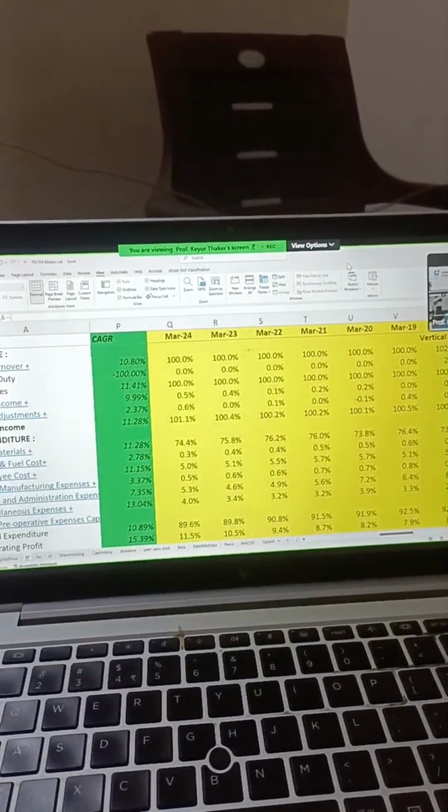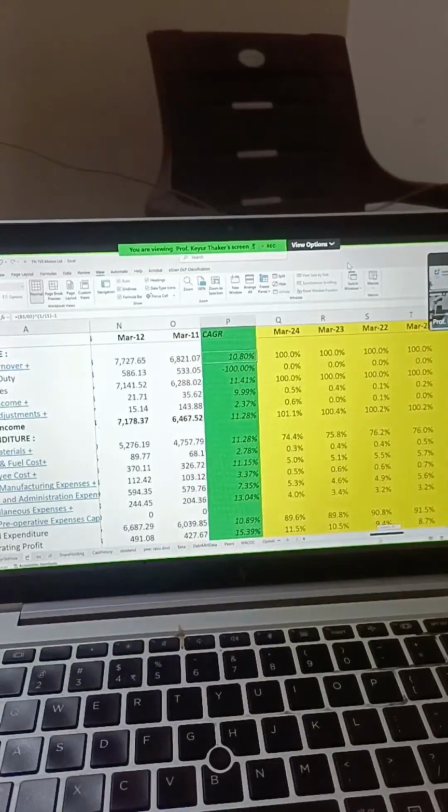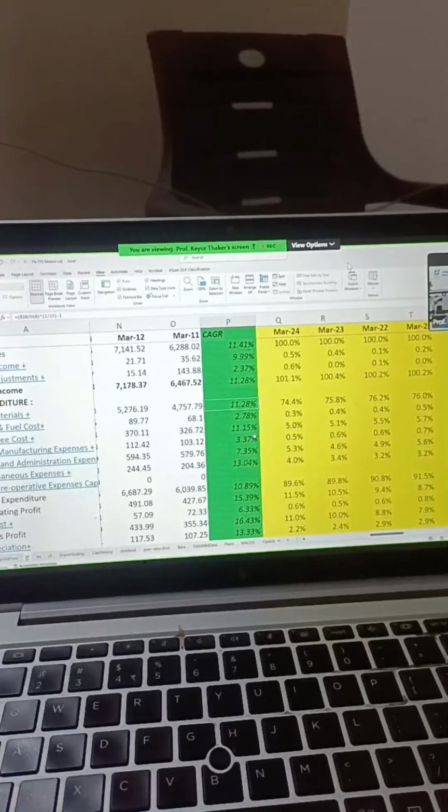Over so many years, the sales have grown by a 10% compound annual growth rate. I have data for roughly 12, 13 years, and over these years the company has grown by 10%. Total income has grown by 11%. But your material expenses have also grown by 11%.